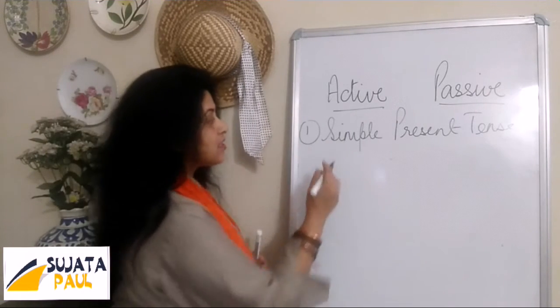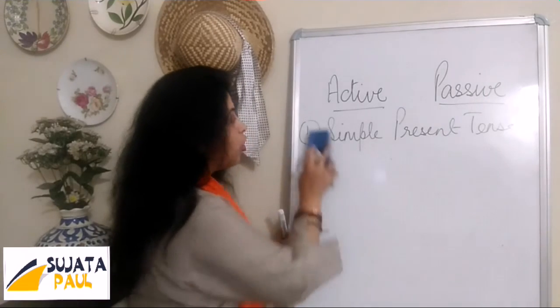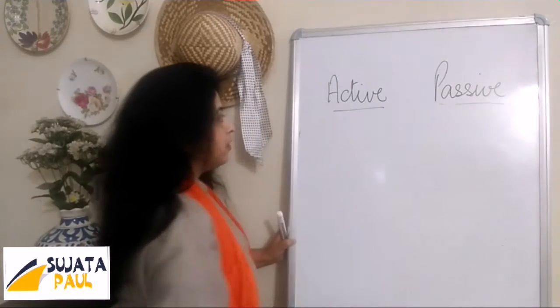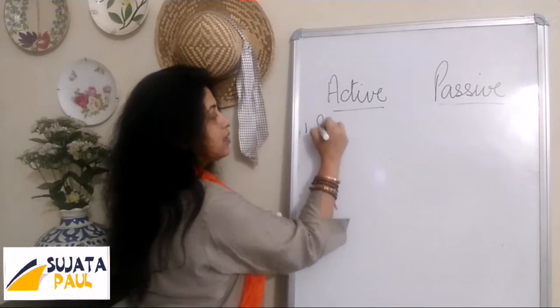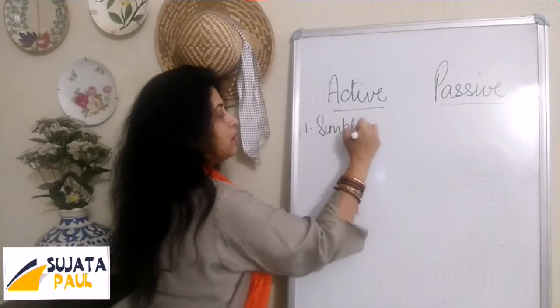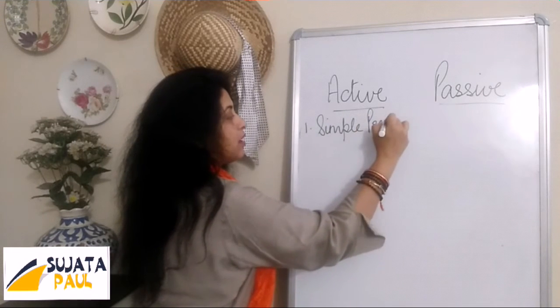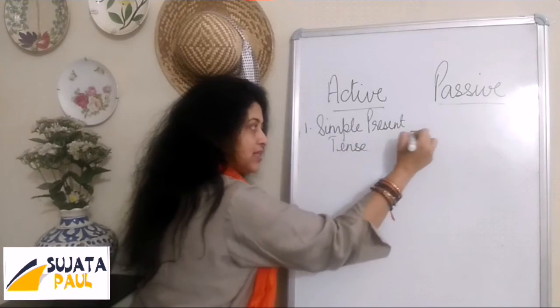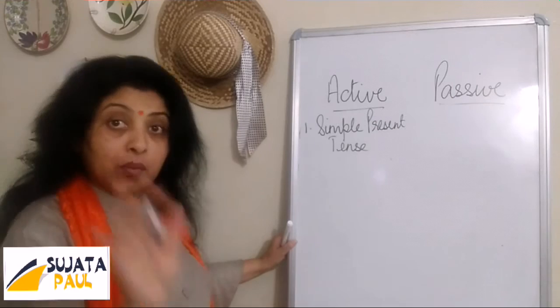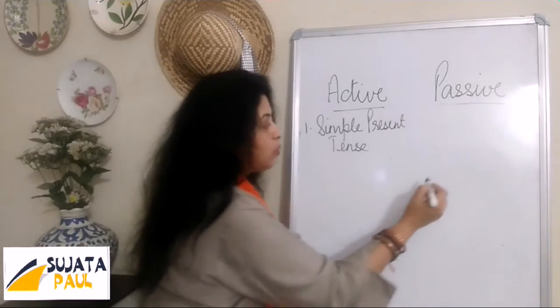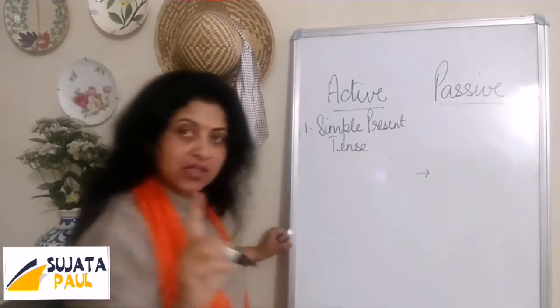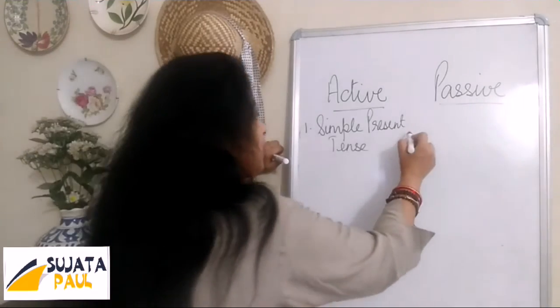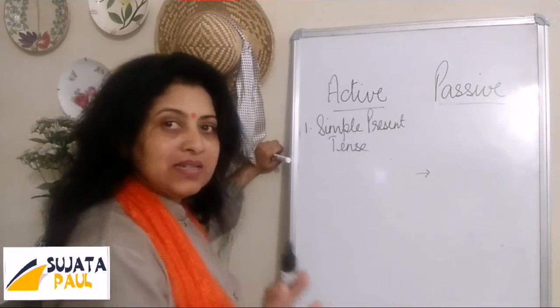The simple present tense of the active, first one, will remain simple present tense. It will not change. But what will happen when I change it? The tense will not change.